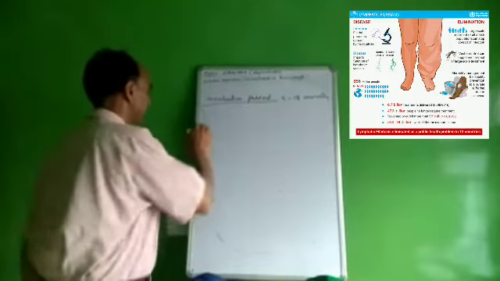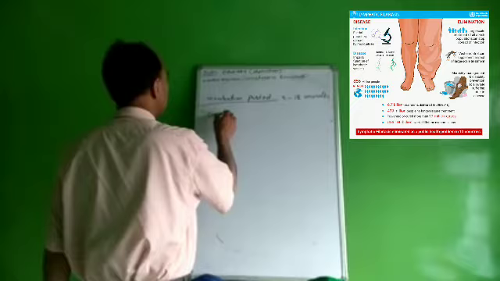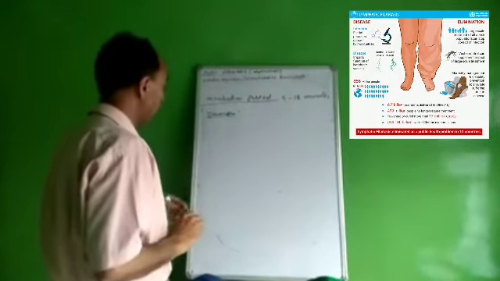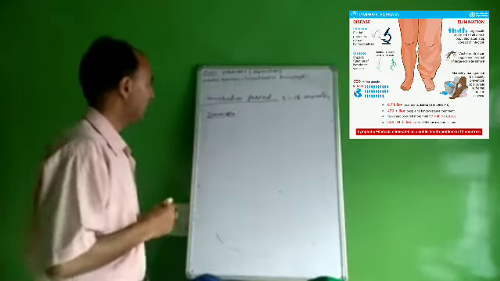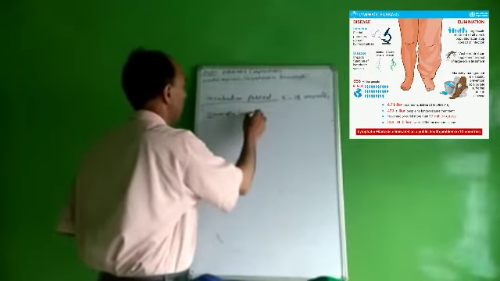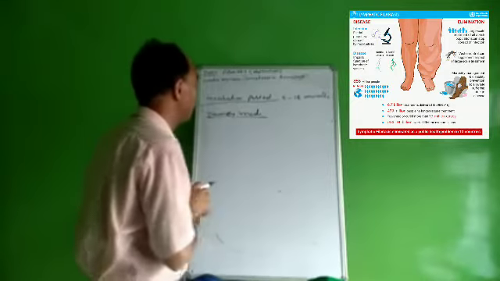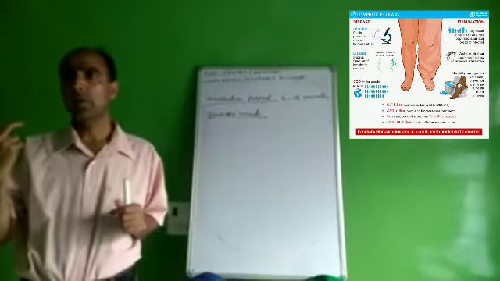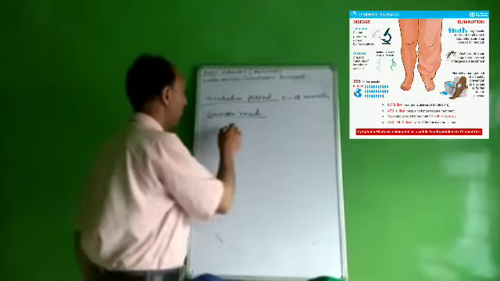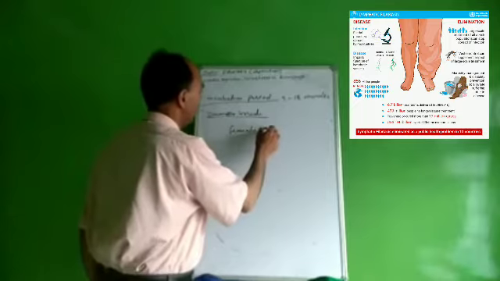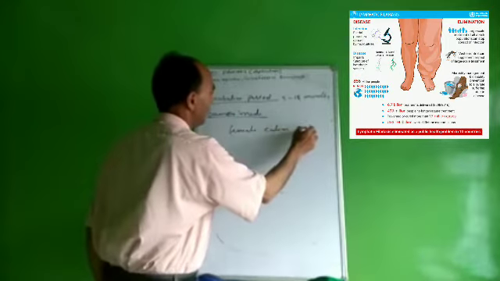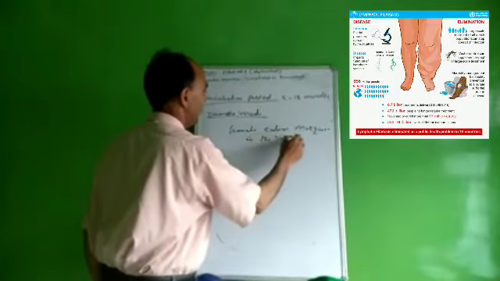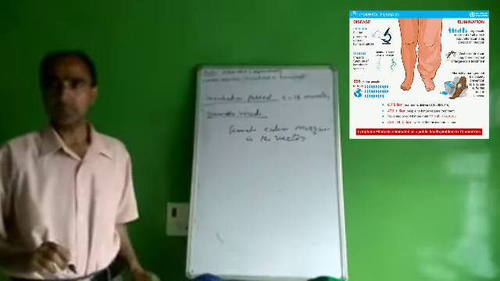If you go for the transmission mode, how this disease is transferred from one person to another, how this disease spreads, we call it the transmission mode. The female Culex mosquito is the vector.